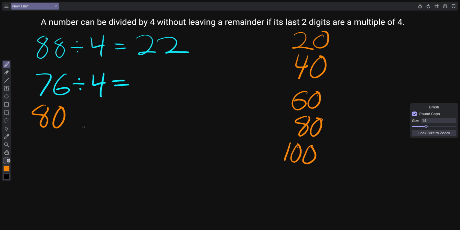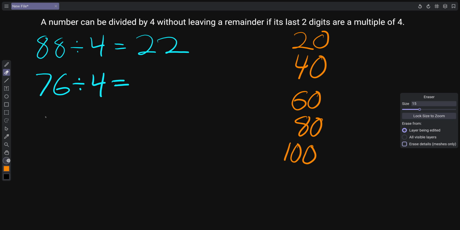And in this case, we could actually count down by 4. So 80 minus 4 would equal 76. And because we counted down by 4, we still are left with a multiple of 4. And we actually know that 76 is evenly divisible by 4.